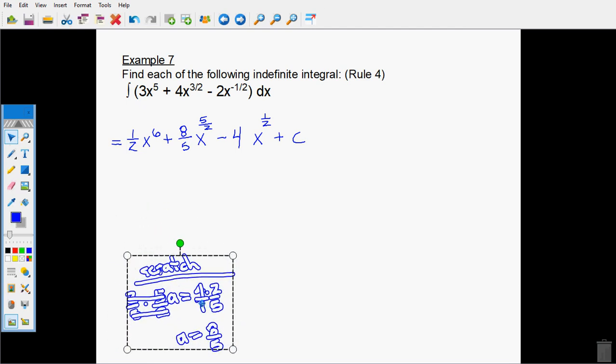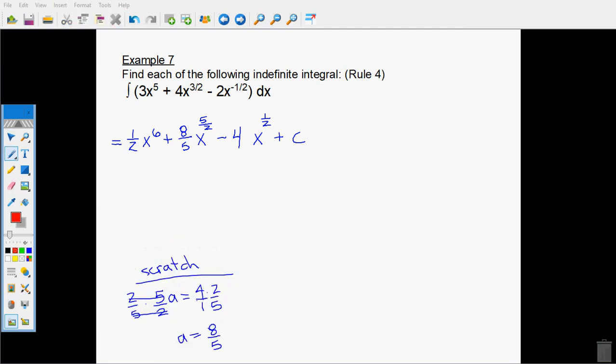Now, if we want to go back and just double check, that's going to say check. So 6 times 1/2 is 3x to the 5th.